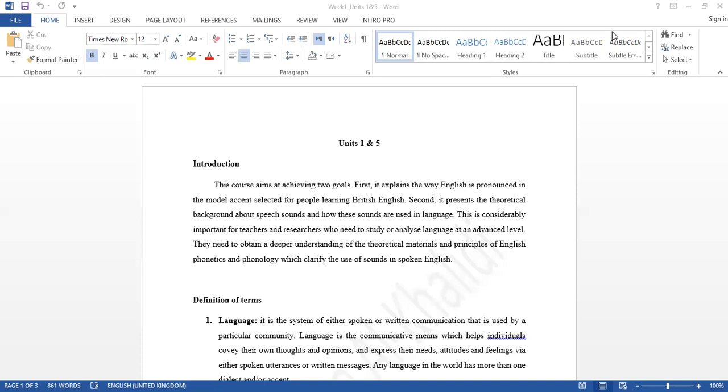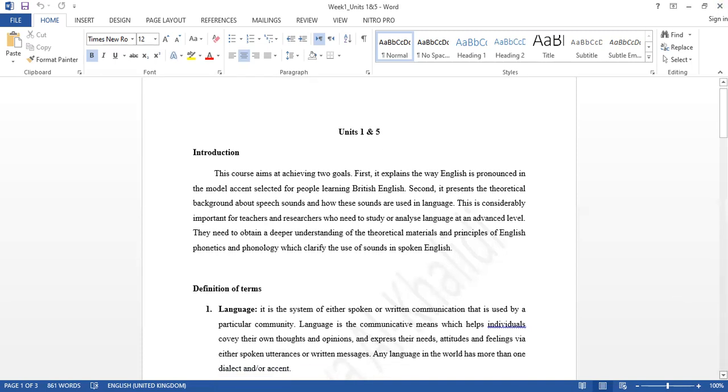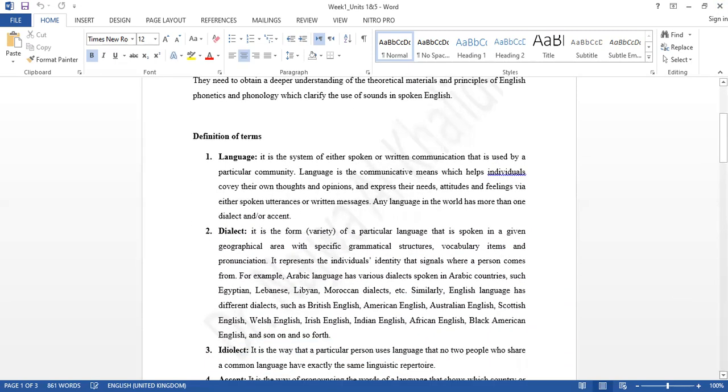But before we go deeper into the details of the English sound system, there is a list of quite useful terms that every student of English needs to know. First of all, we'll start with the term language, which is, in simple words, a system of communication or a means of communication, whether it is spoken or written.